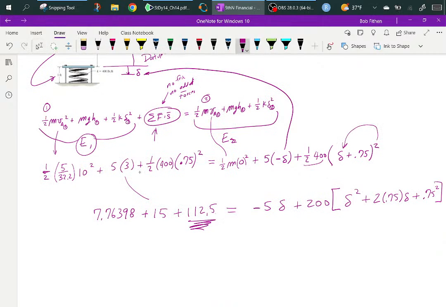Okay, so what I'm going to do, I'm going to add all these terms on the left real quick. So I get 135.26398 equals 2. I still got the minus 5 delta plus 200 delta squared plus, okay, 2 of those is 1.5 delta.